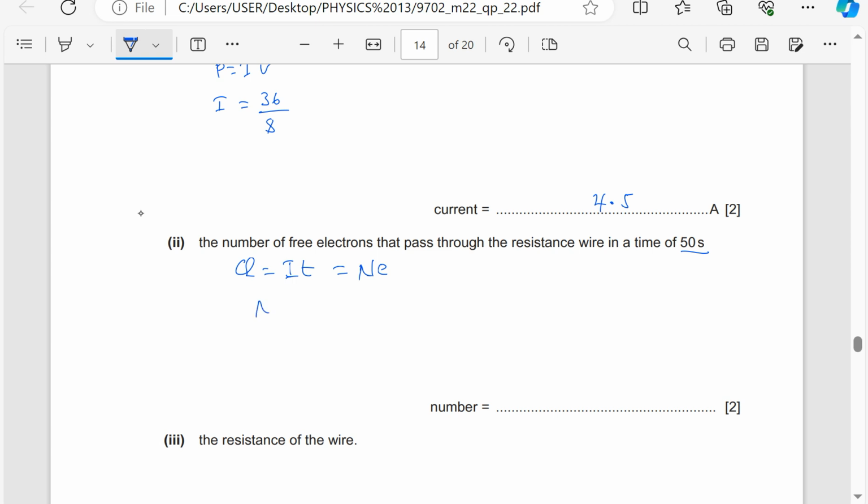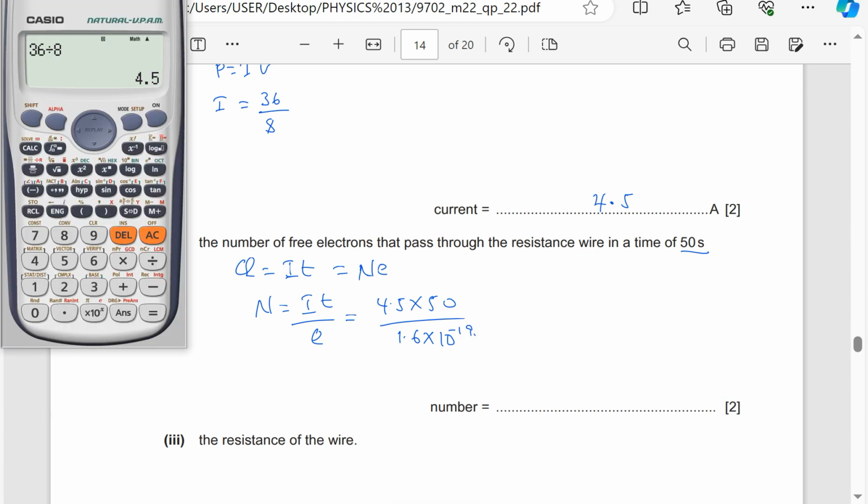So we want the number of electrons, which will be I times T divided by E. So this is going to be 4.5 times 50 divided by the charge of each electron, which is 1.6 times 10 to the power of negative 19. So 4.5 times 50 divided by 1.6 times 10 to the power of negative 19.